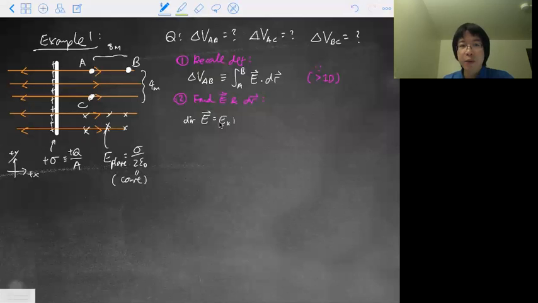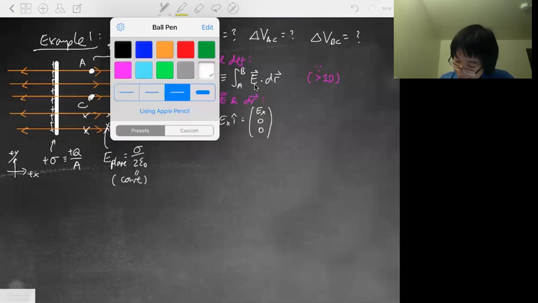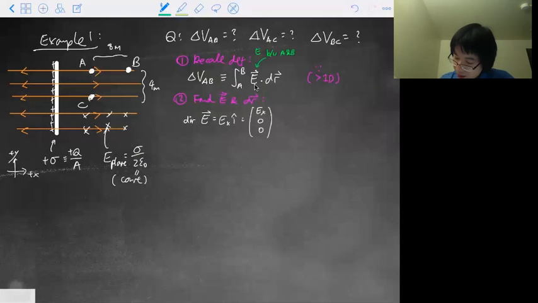I'm interested in the electric field between A and B, and a small displacement, a small change in distance from A to B.